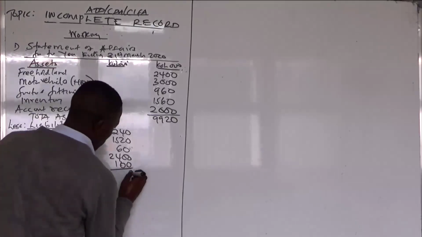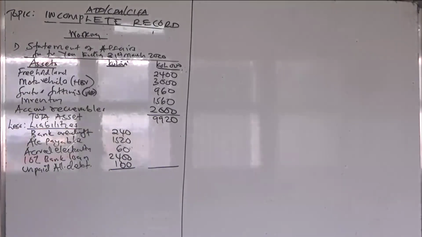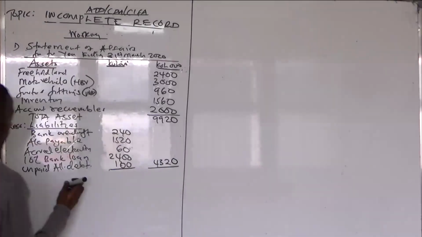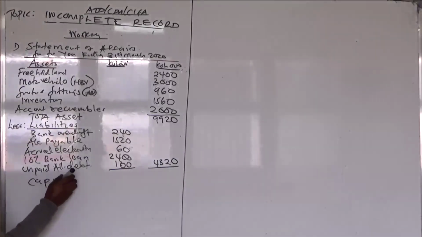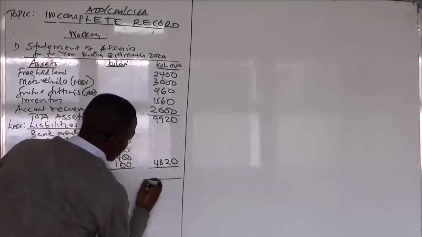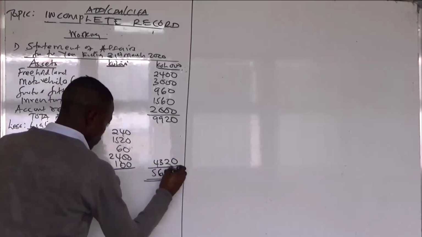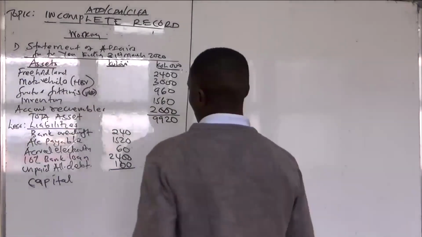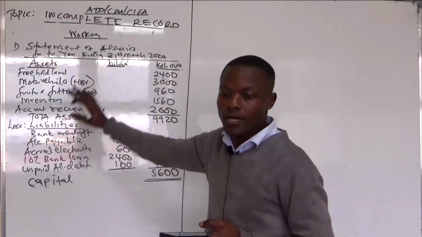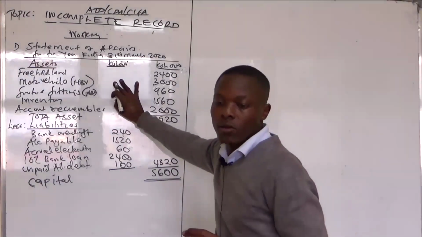What is the total? 4320. So what is the capital? 5600. So looking at this question, we do not have the capital. That is why I tell you that most of the time it comes with none. Start with that statement of affairs. The advantage of the statement of affairs is that it does not consider whether items are current or non-current.